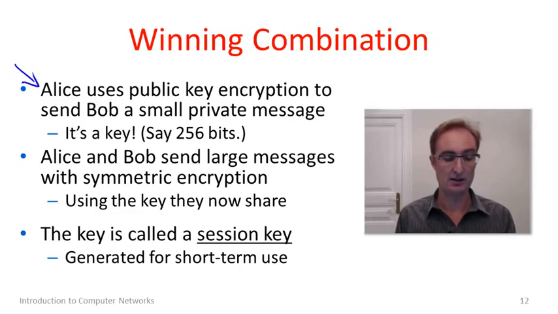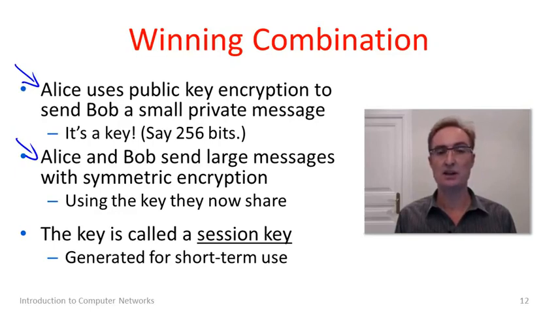So if Alice is trying to send confidential messages to Bob, she can begin using public key encryption. She can send a very small message to Bob that can be a secret key. So this might be 256 bits. Once she's done this, Alice and Bob share a secret key. Yay, that's exactly what we wanted. Then Alice and Bob can switch over to symmetric encryption and use that to send many large messages very quickly, all using the shared key that we've now established.